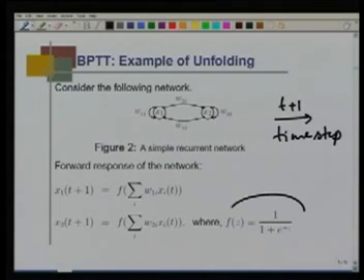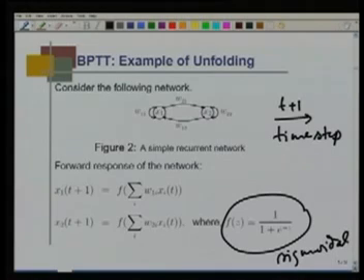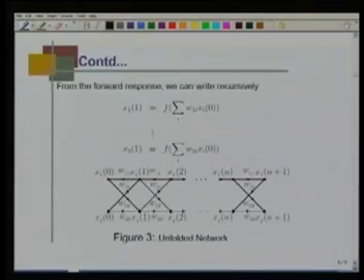Similarly, x2(t+1) is a function of, in this case, x2(t), w21 and w22. So, w21 is multiplied with the corresponding input signal x1(t) and w22 is multiplied with the corresponding input signal x2(t). And this is our forward response of the network.